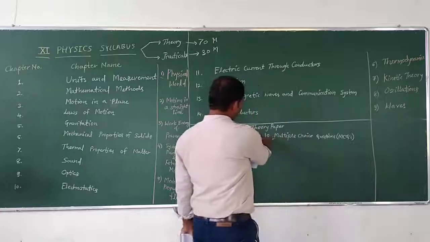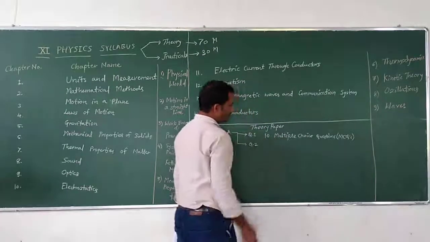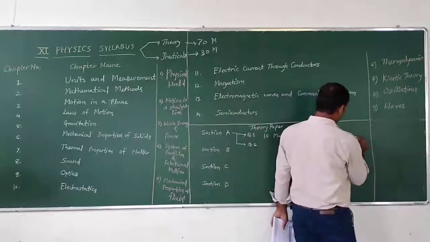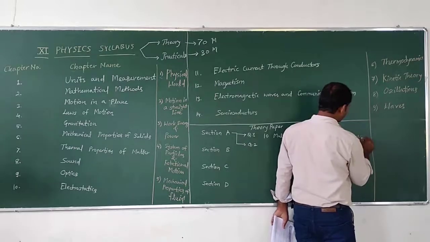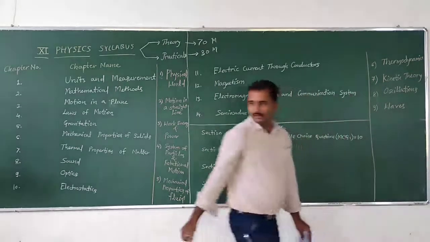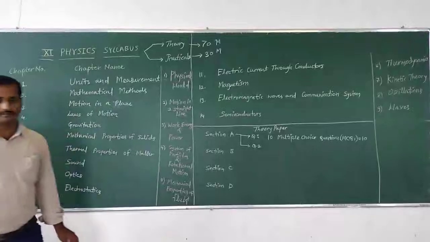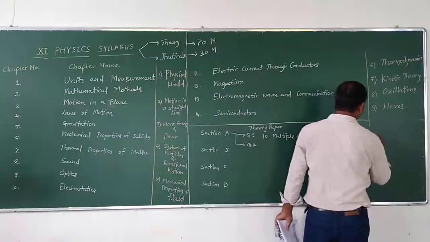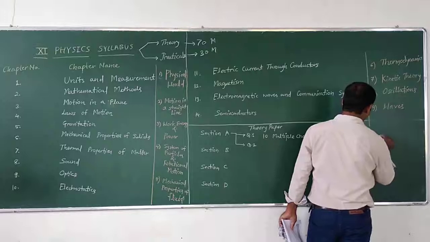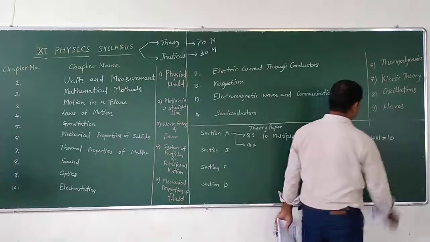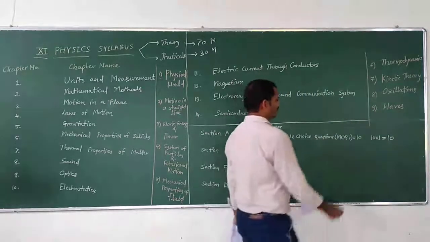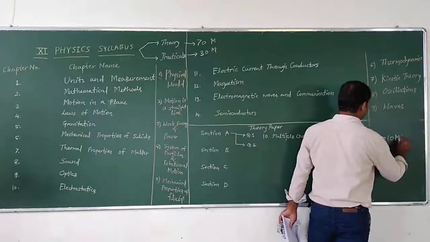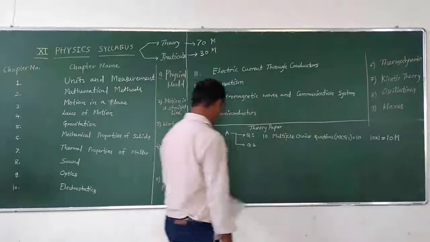These 10 questions will carry 10 marks, meaning each has 1 mark. So 10 multiplied by 1 is 10 marks. This first question has 10 marks.